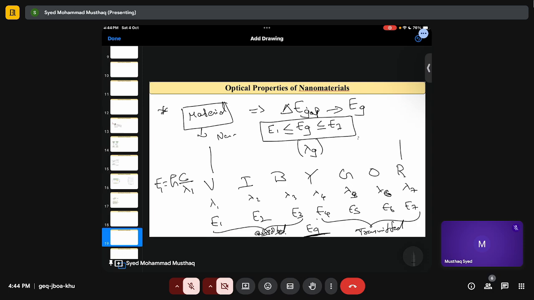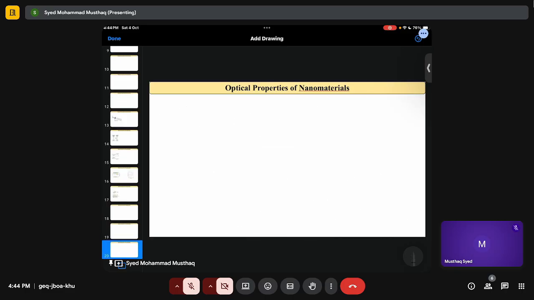Whatever energies are absorbed are taken by an electron, and this electron will again come back to its state. So first, E1 plus E2 plus E3 are getting absorbed by the electron. So this electron will jump, and then it will come back.